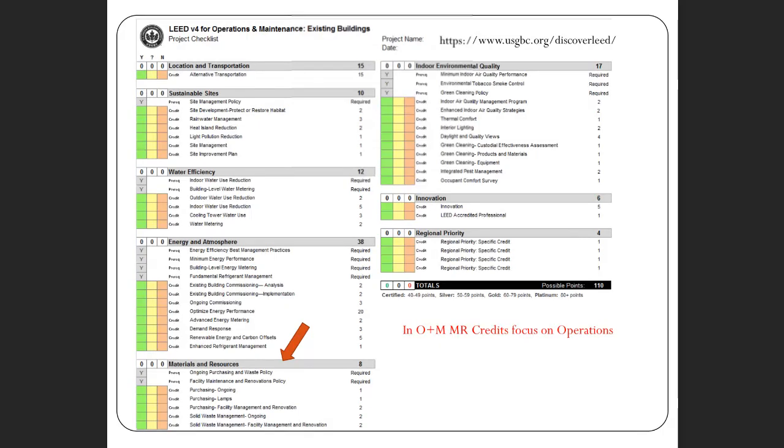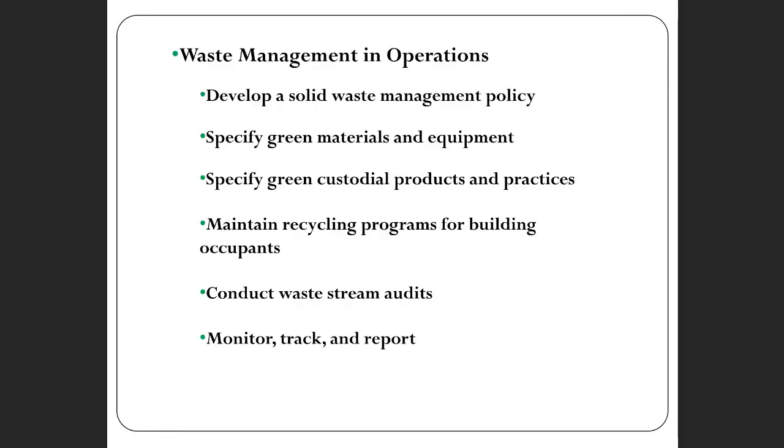If we look at EBOM or O&M, operations and maintenance for existing buildings, the LEED rating system will focus on waste management in operations. Things like a solid waste management plan, specifying green materials, specifying green custodial products and practices, and maintaining recycling programs for building occupants.